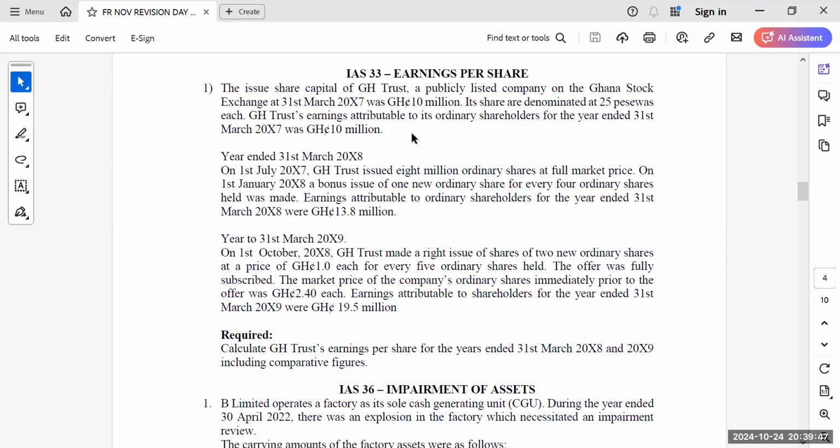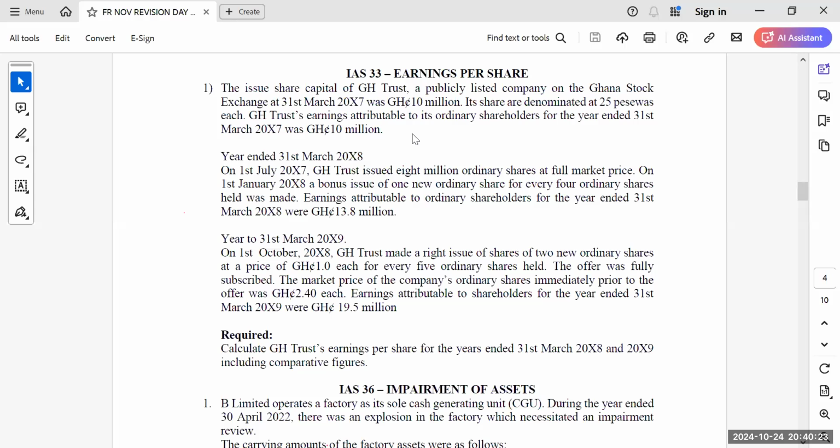Okay. So earnings per share, very simple one. Let's see. Okay, they are asking us to calculate for 31st March 2x8, isn't it? Yes, sir. 31st March 2x8, the year will start from 1st April 2x7, isn't it? Yes, sir. Okay, so let's come to the year under consideration there. The issued share capital of GH Trust, a publicly listed company on the Ghana Stock Exchange, at 31st March 2x7 was 10 million.